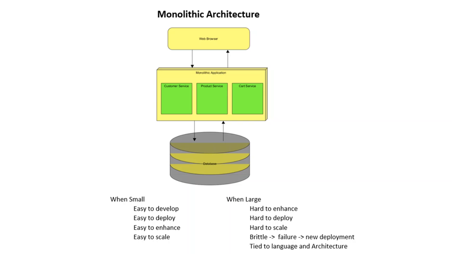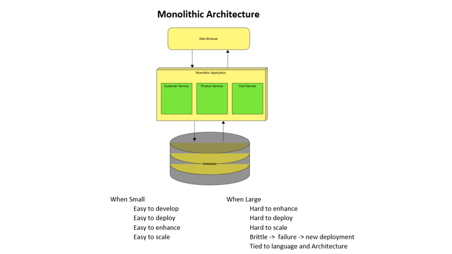As a result, the application as a whole is brittle, susceptible to failure, and new deployments become cumbersome and time consuming. You typically are not flexible in your ability to deploy, and it's hard to deploy individual services separately. Well, you cannot do it because everything is just one big application.